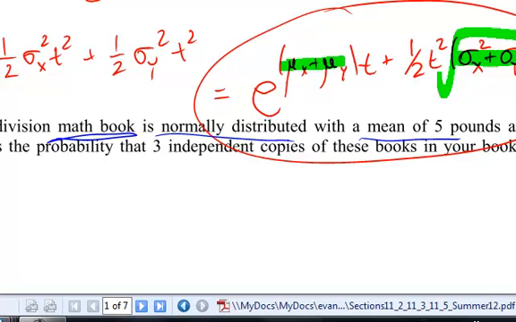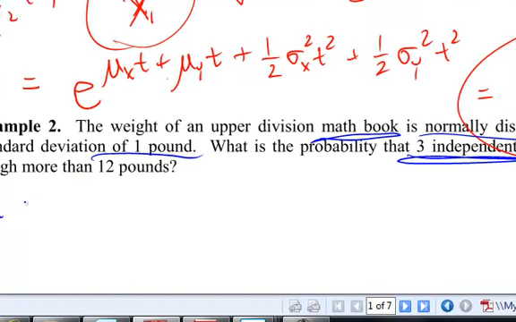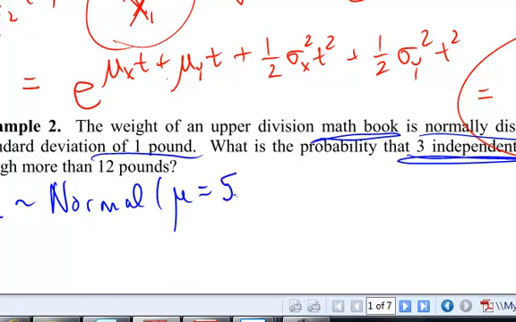So what's the probability that 3 independent copies of these books in your book bag weigh more than 12 pounds? Let Xi be the weight of the ith book, and each book is normally distributed with a mean of 5 pounds and a standard deviation of 1 pound.